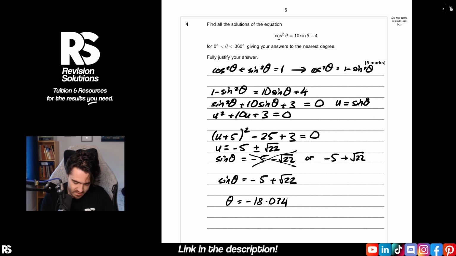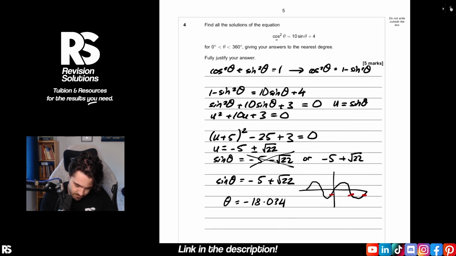So if we just think about the sine graph for a minute, the sine graph looks like this. The solution we found is actually here, and we need to go and find these two solutions over here. So this little distance here is 18.034.